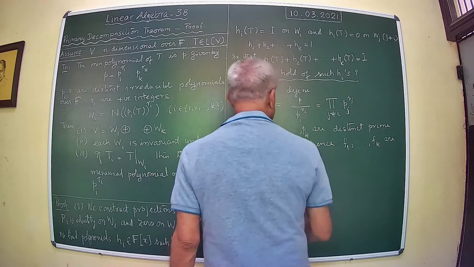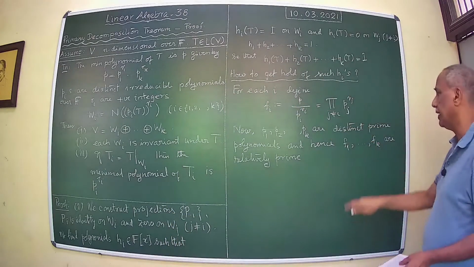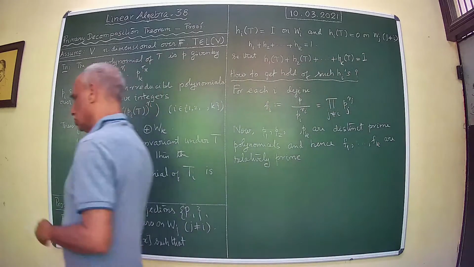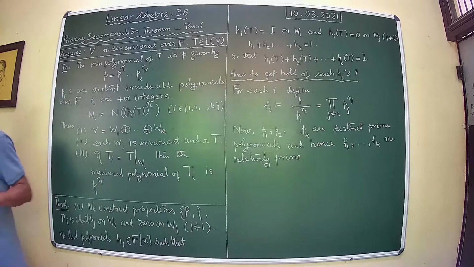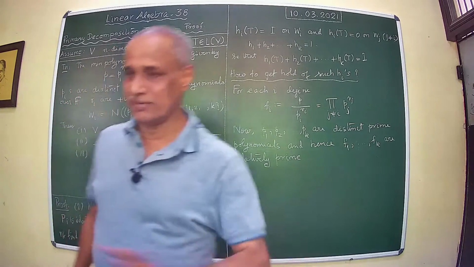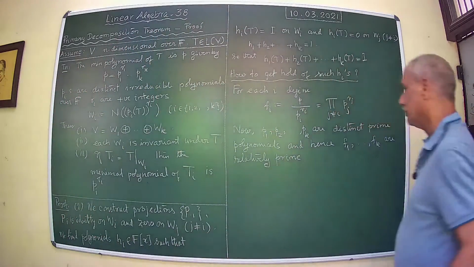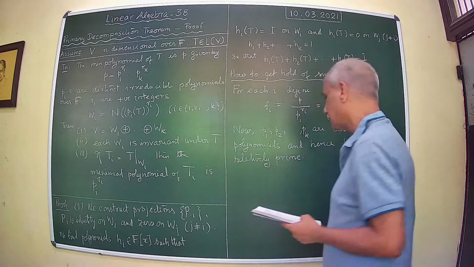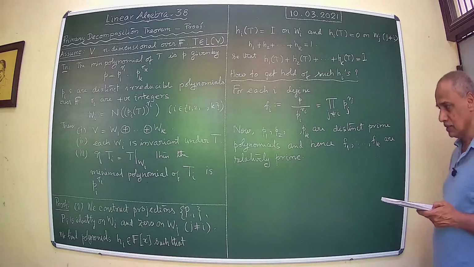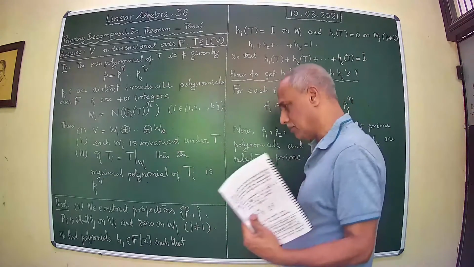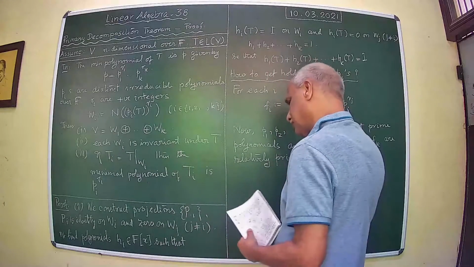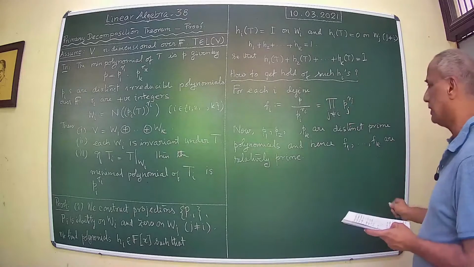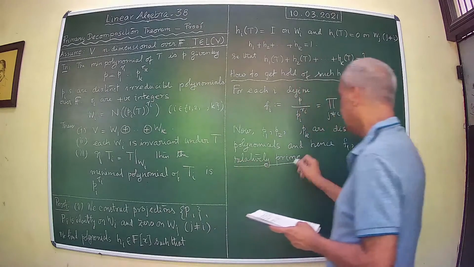That's quite easy to understand, because each fi lacks the factor pi^ri, so there is one factor missing and you cannot have a common factor from all of these. So they are relatively prime.